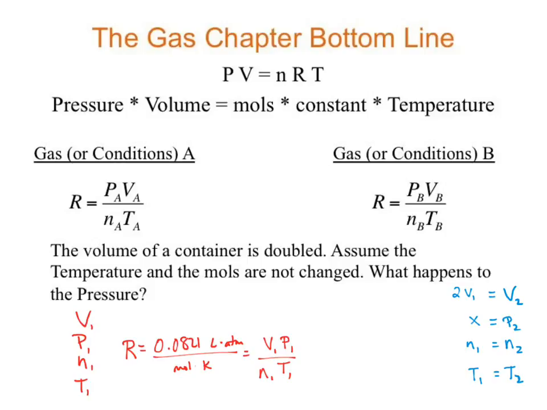Well, if I relate the volume, the pressure, the moles, and the temperature at our second condition, those are all going to be arranged into the gas constant, which will equal 0.0821 liters atmospheres over moles Kelvin. Right? So if I take V2, P2, that must equal the gas constant. Everybody okay with that?